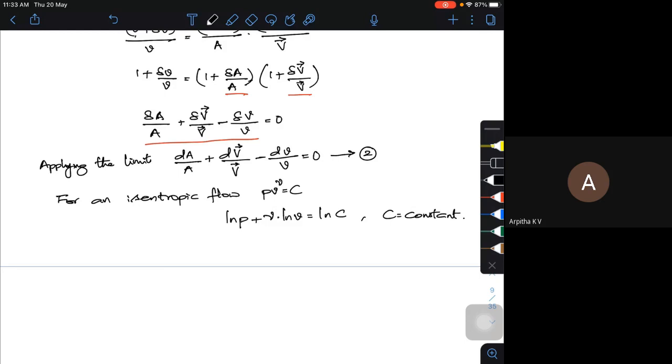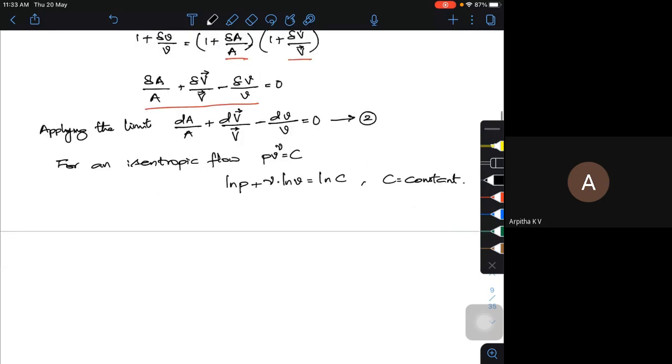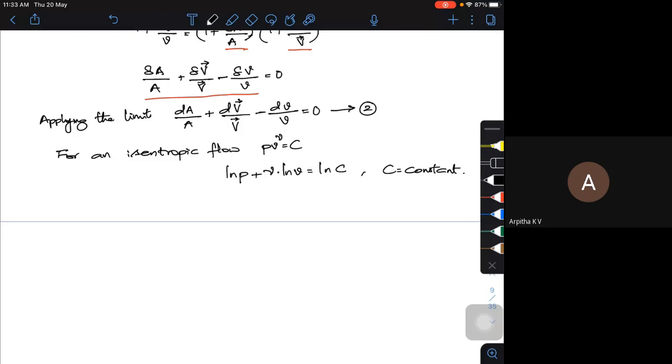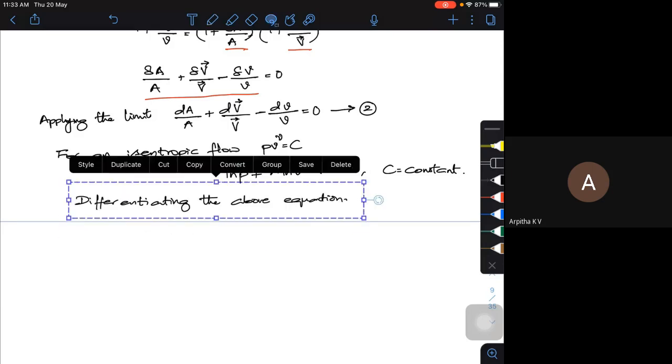Now, if I differentiate the above equation, what will be the differentiation?